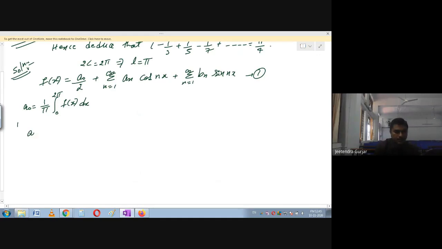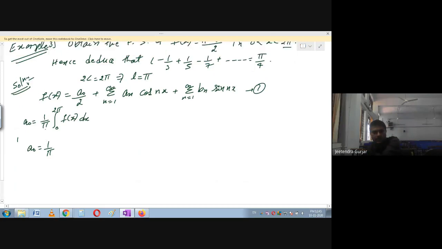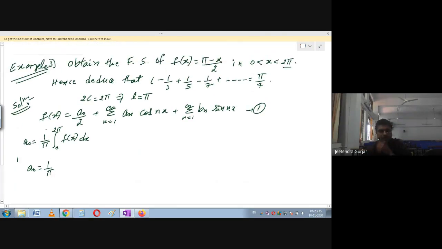So a naught is equal to 1 upon pi, and f of x you can see in the question they have given here, students, that is pi minus x upon 2. So just substitute here from 0 to 2 pi, the integral of pi minus x upon 2 dx. Now you can see here, students, what is the constant here.